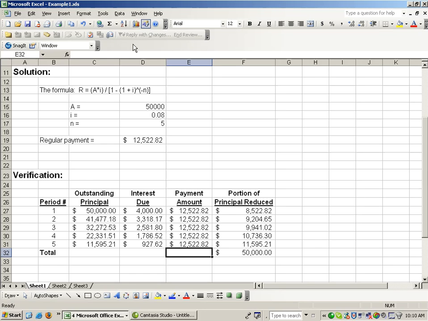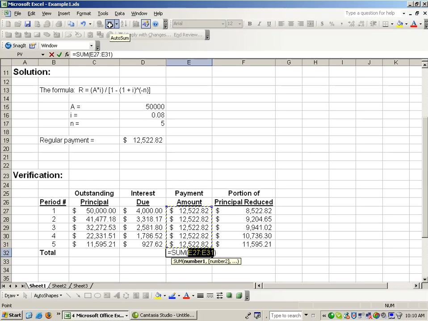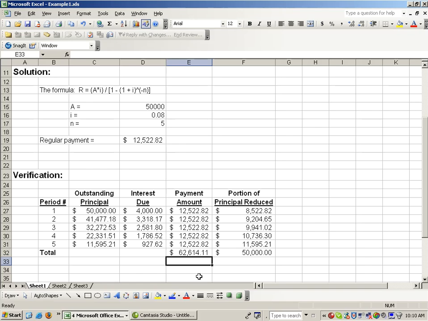Okay, so if we sum up the payment amount column, we find out that to have this loan, you actually ended up paying $62,614.11. So this, the excess, of course, is the interest for the privilege of borrowing the $50,000. Okay? It's a lot more than you think it is sometimes.